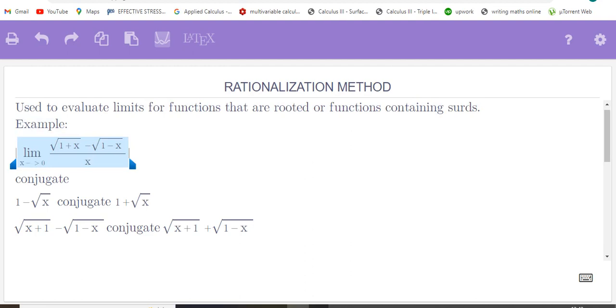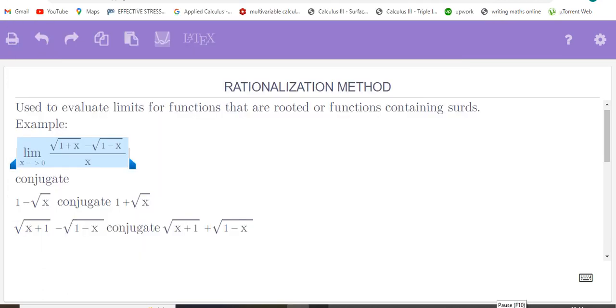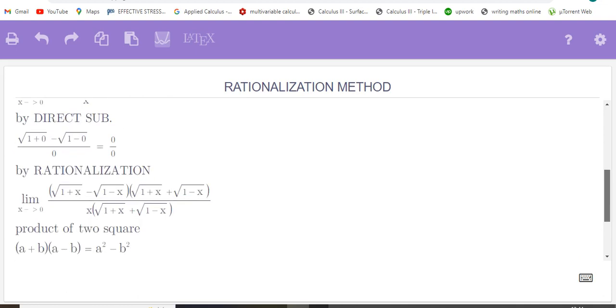So the conjugate from the numerator is root of 1 plus x, with the minus changed to plus. It is going to be root of 1 plus x plus root of 1 minus x. That is the conjugate.